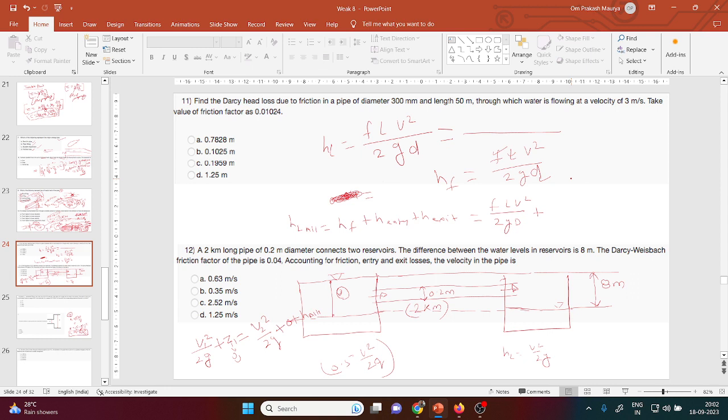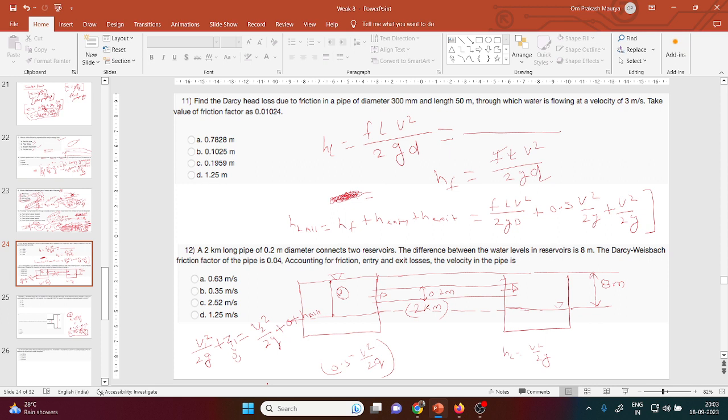Now 0.5 if you are talking about the entry, V square by 2g, and exit is how much? V square by 2g. So this is the head loss equation.